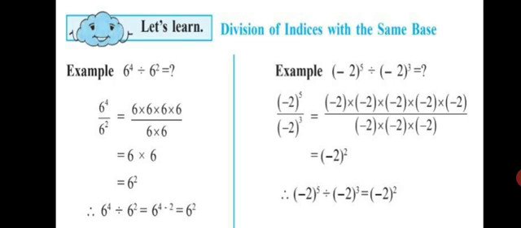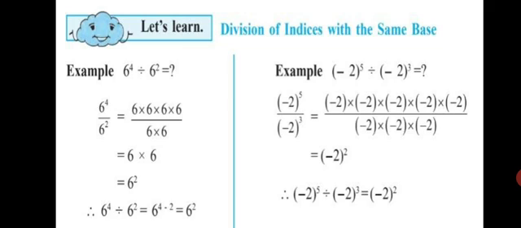So we take it in the numerator and denominator form. 6 raised to 4 upon 6 raised to 2 is equal to, we would write the multiplication form as 6 multiplied by itself 4 times in the numerator and 6 raised to 2 in the denominator, means 6 multiplied twice by itself.